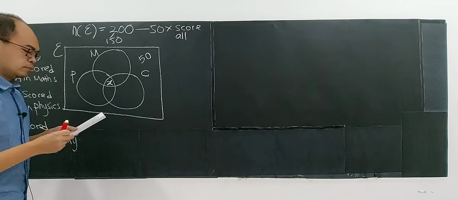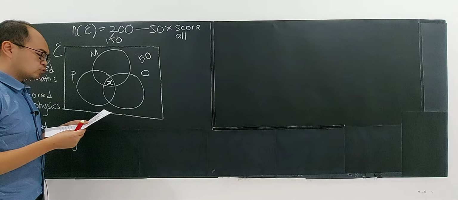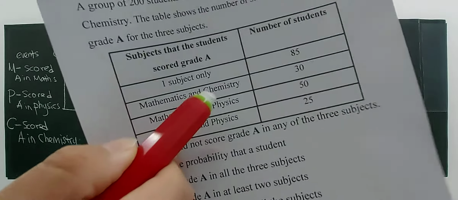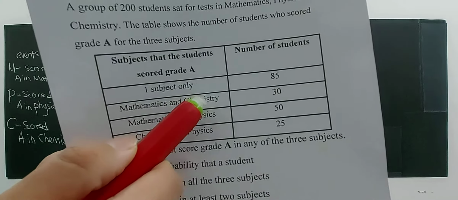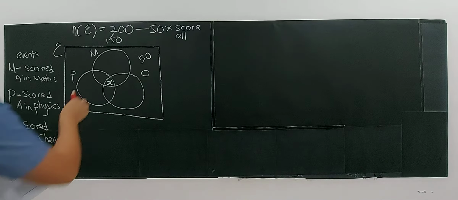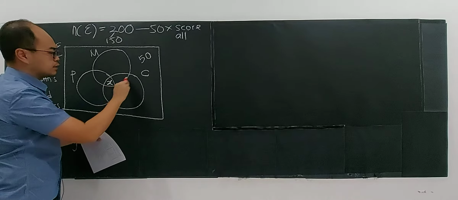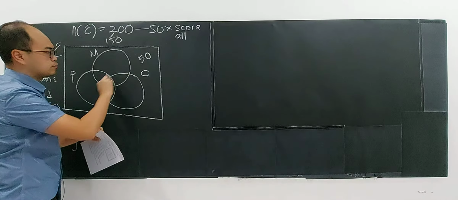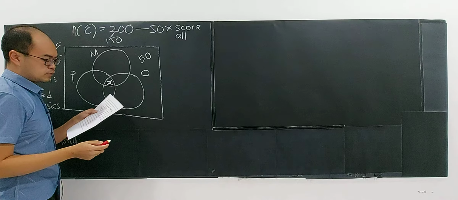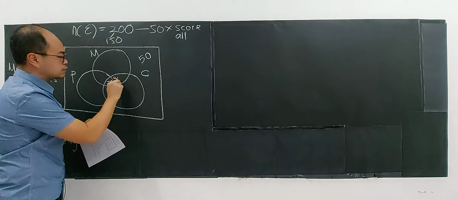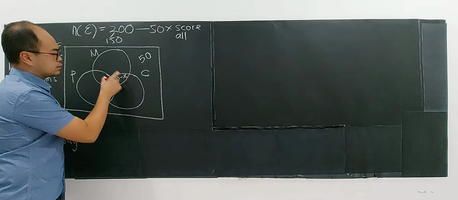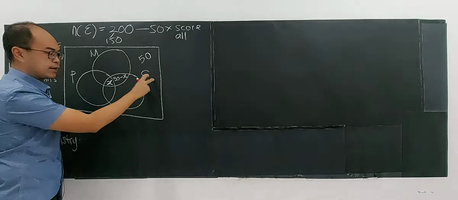Very important. Now I'm going to use the information of mathematics and chemistry. Mathematics and chemistry have 30 students who score A. The intersection between the events M and C totals 30. Since the center is X, this region must be 30 minus X, because a student can score mathematics and chemistry and at the same time score physics.